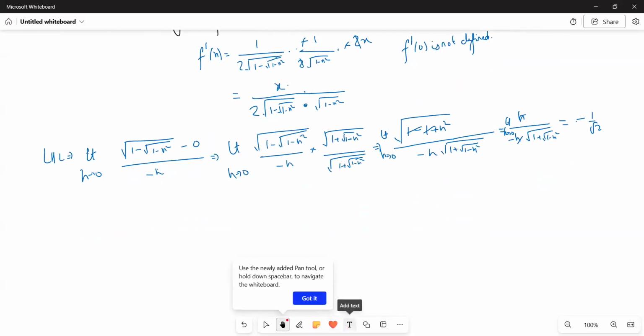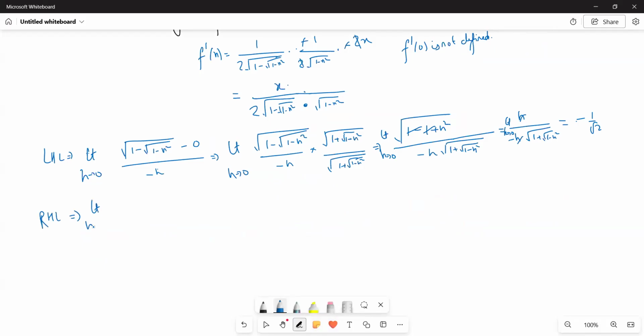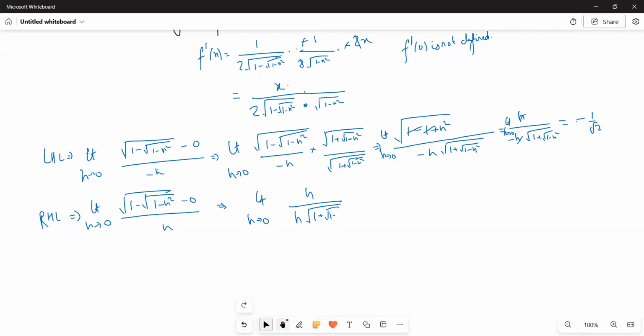एंड सेम वे में RHL भी सॉल्व करेंगे. So RHL would be limit h tending to 0, root over of 1 minus root over of 1 minus h square minus 0 by h. तो ये पूरा सेम वे में सॉल्व करके फाइनल लिमिट आएगा limit h tending to 0, h by h into root over of 1 plus root over of 1 minus h square. तो ये h कैंसिल हो जाएगा, इस केस में we'll get the value as 1/√2.